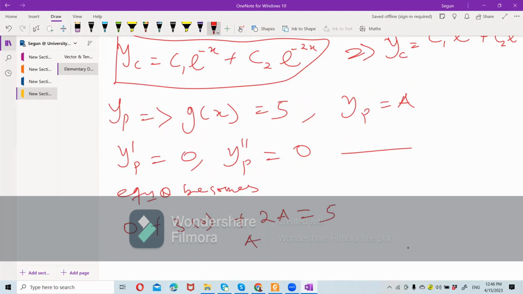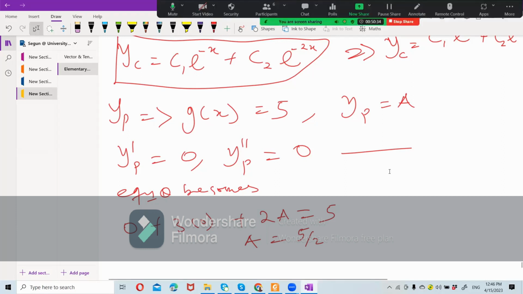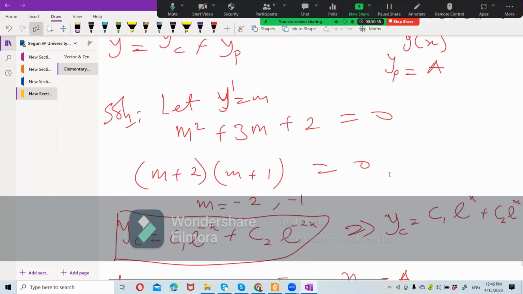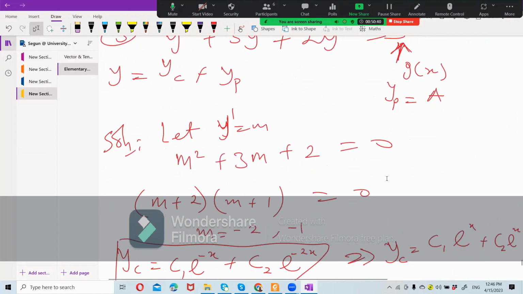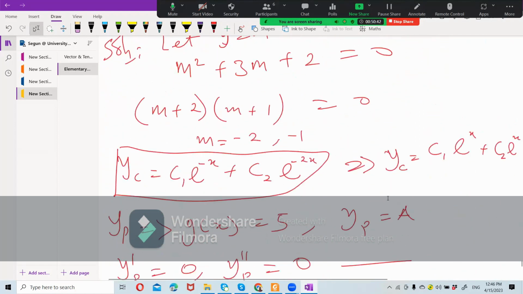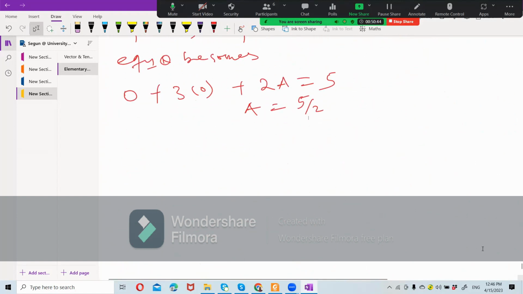Then our a will now be 5/2. Any question? a is equal to 5/2. Then I can go ahead and write the general equation, which says y equals yc plus yp.